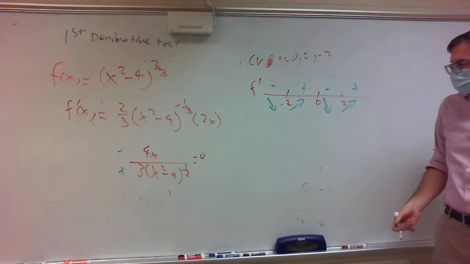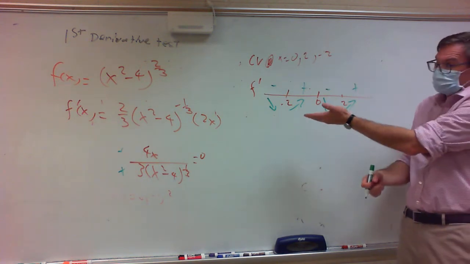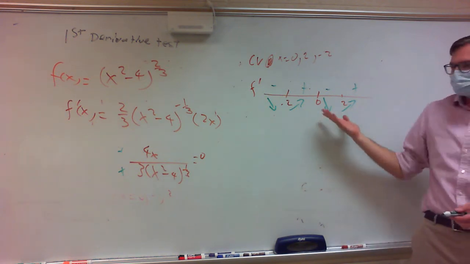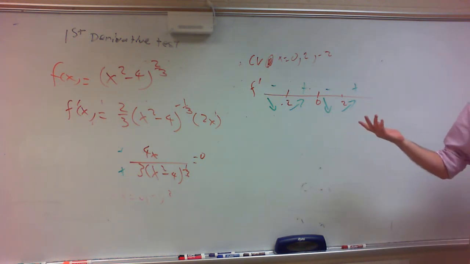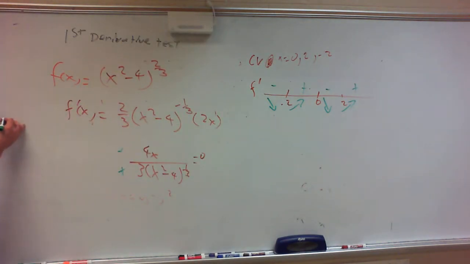When I look at this chart, it's not even worth asking where it's increasing or decreasing, because the chart gives it to us. But I am interested in where my local max and local min are.